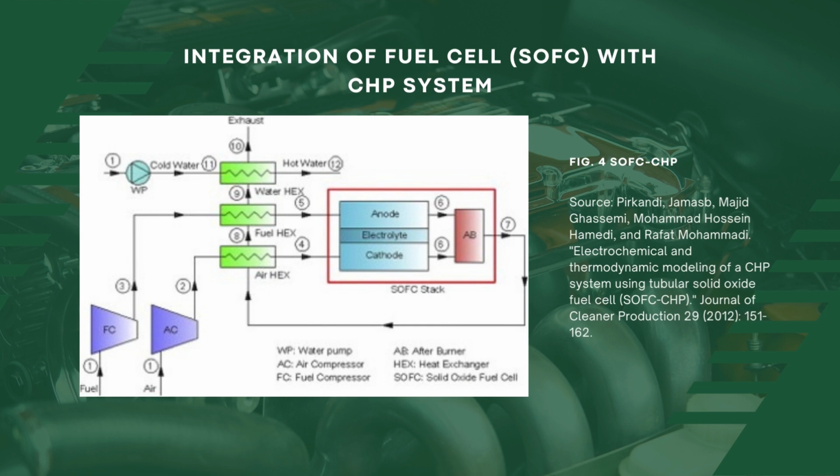In this configuration we have one fuel compressor, one air compressor, three heat exchangers, one water pump, one fuel cell and one afterburner. The proposed system consists of a stack of tubular solid oxide fuel cells with direct internal reforming, an afterburner, an air compressor, a fuel compressor, a water pump and three recuperators.